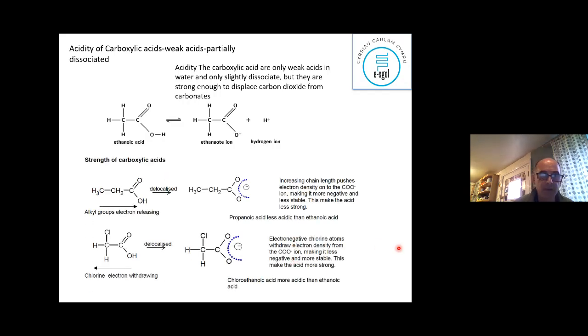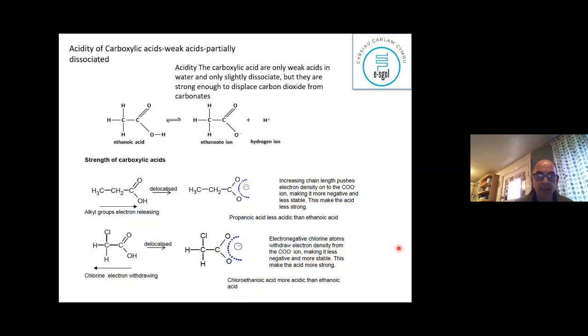On the strength of carboxylic acids: the longer the alkyl group, the more electron releasing it is, and it pushes electrons towards the acid end. Increasing the chain length pushes electron density onto the COO minus, making it more negative and less stable. This makes the acid less strong, so it doesn't dissociate as much, since it forms the less stable ion.